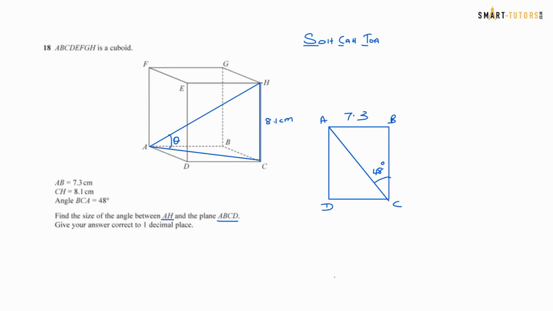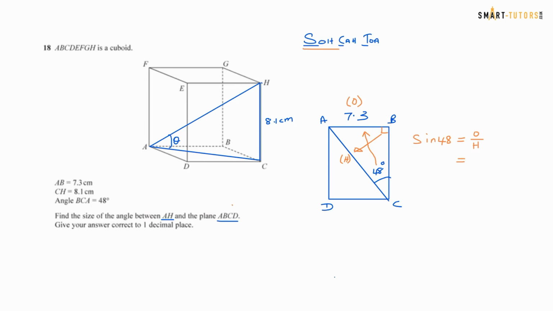So the angle given, BCA, is 48. I'm using a different color. So the 48 degrees, the opposite side is O, and this is 90 degrees. The opposite side is AC. So opposite over hypotenuse is sine, so we can use the sine formula.